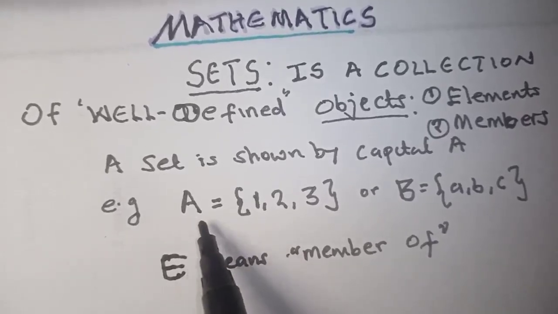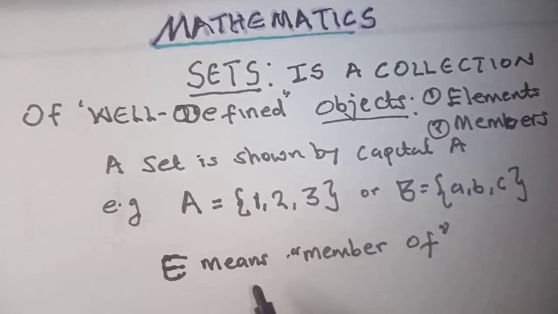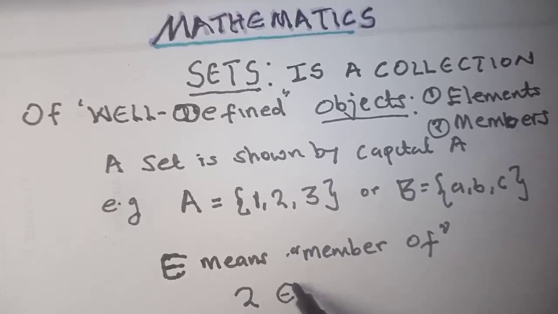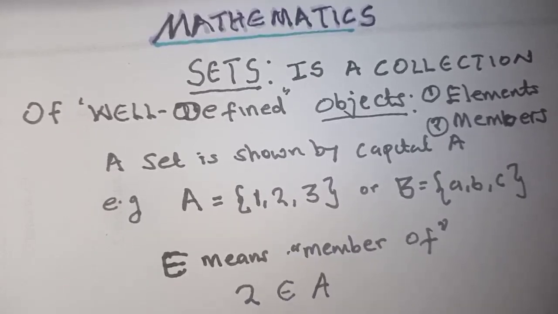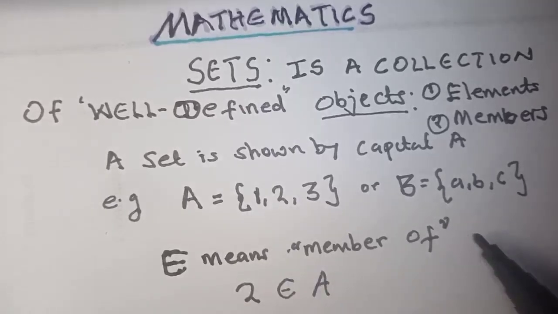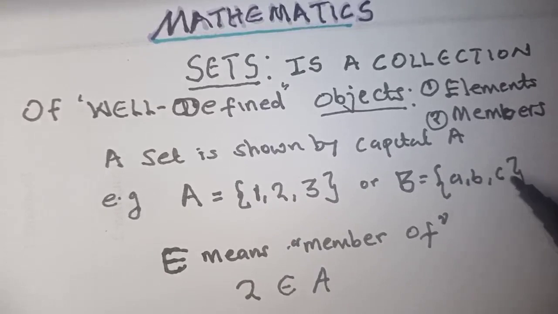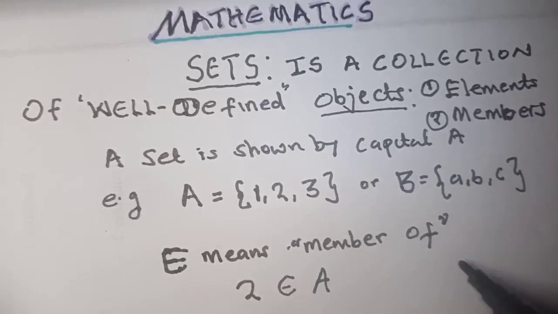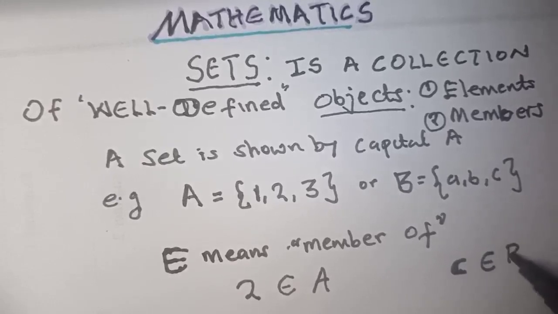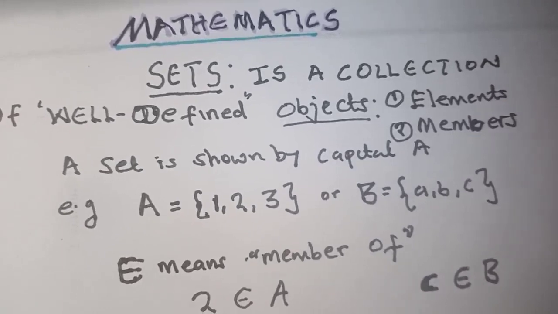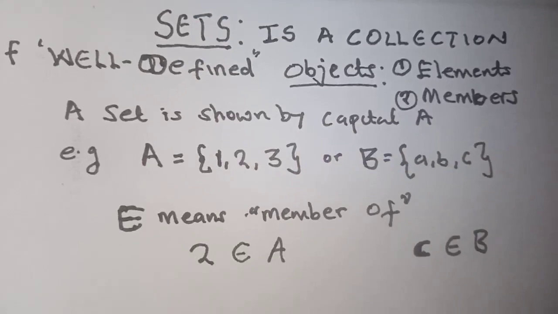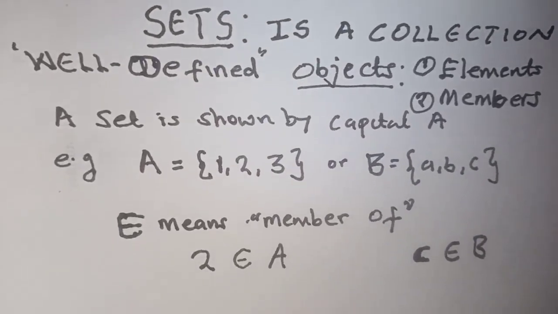For example, looking at set A, you have members 1, 2, 3, so we can say 2 is a member of A. Again, if we look at set B, we can look at element c, and we can say element c is a member of B.